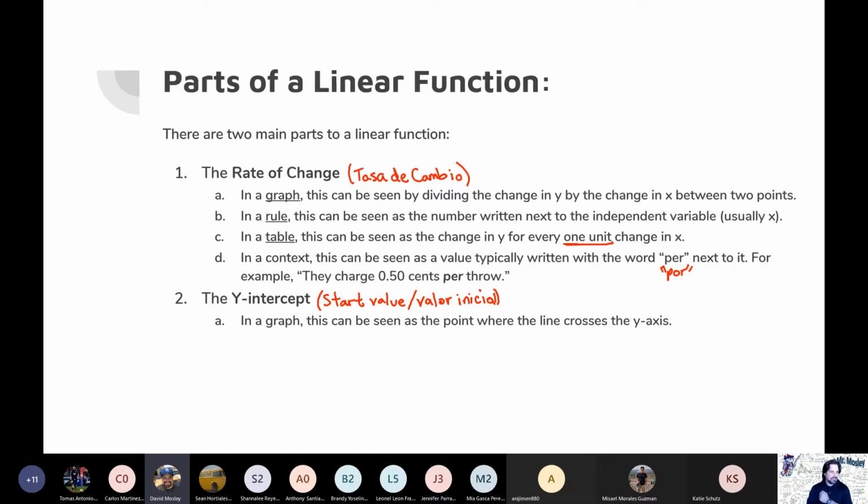Es el punto donde la línea cruce el eje de Y. The y-intercept in the gráfica es el punto donde la línea cruce de eje de Y.